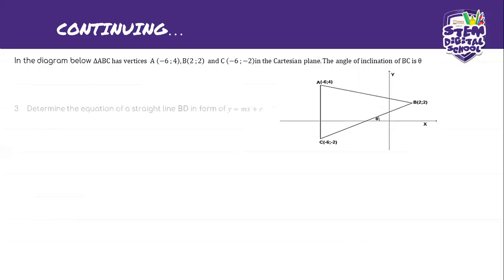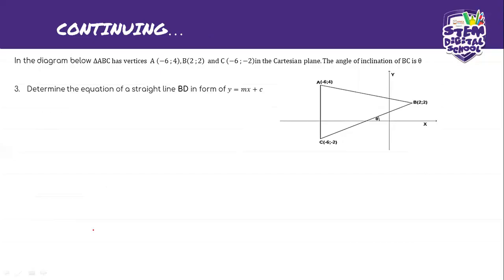Now, let's have another question. Number 3, determine the equation of a straight line DB in the form y equals mx plus c. Where is BD?